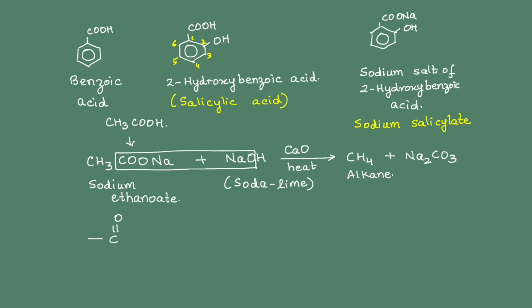C double bond O and OH group together. So this is an alcoholic group, or more appropriately a hydroxyl group, right? Hydroxyl group. And what is C double bond O? Yes, it's a carbonyl group.